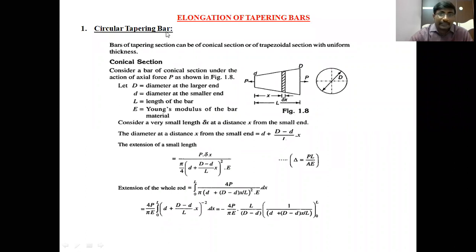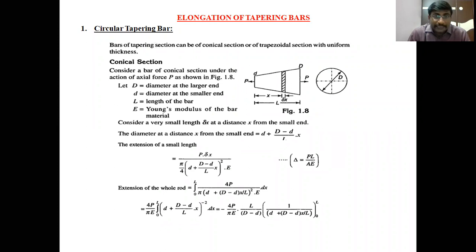Then coming to the next topic, elongation of tapering bars. Up to now, we calculated the elongation of uniform cross-sectional area bars, where the area is uniform throughout.